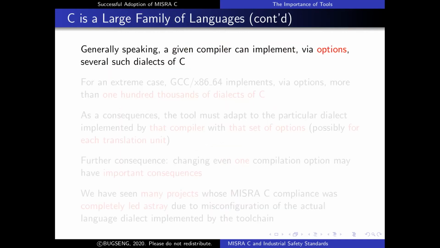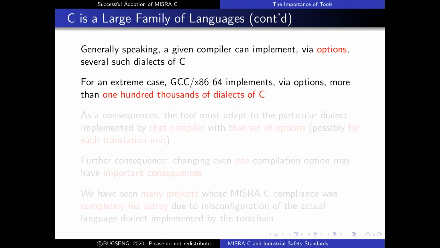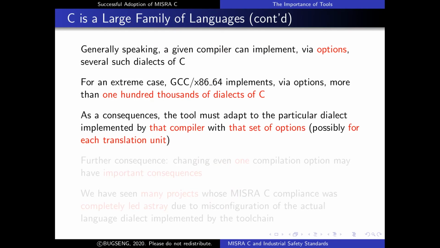And what is the problem with this is that not only are there many implementation defined behaviors, but many compilers can implement different choices for the implementation defined behavior via options. For an extreme case, the compiler on the machine where I'm giving the presentation implements, via command line option, more than 100,000 dialects of C. So many things can be set via command line option.